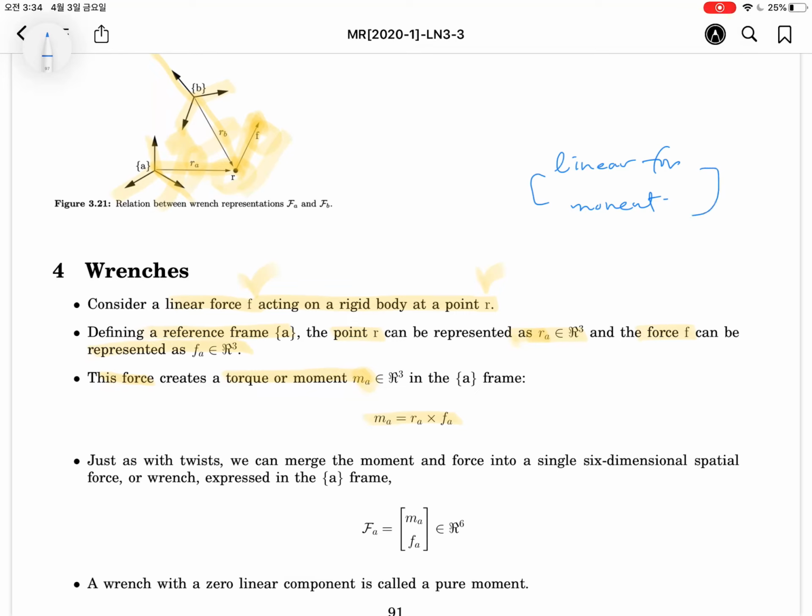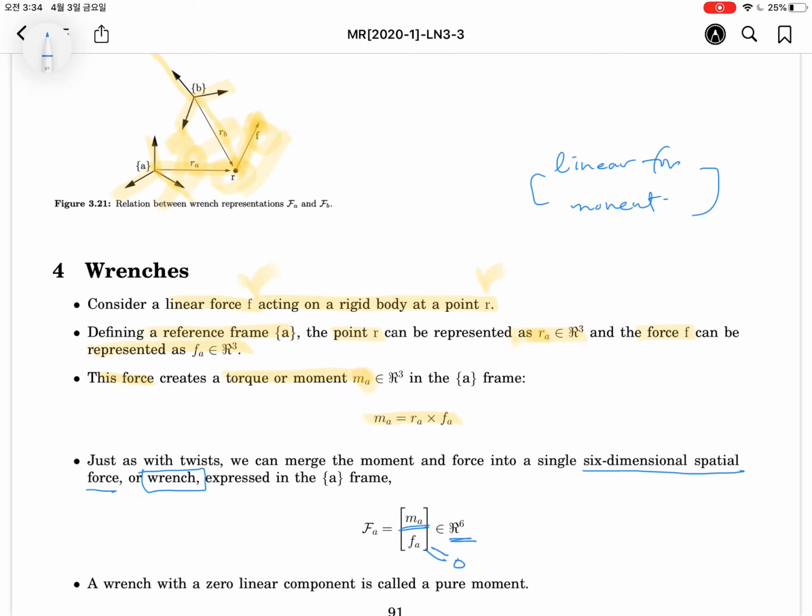So by collecting these 6 elements, we can define the wrench. Wrench has the 6-dimensional spatial force. The first part will be the moment, and the latter part will be the linear force. Okay, so it has 6 elements.